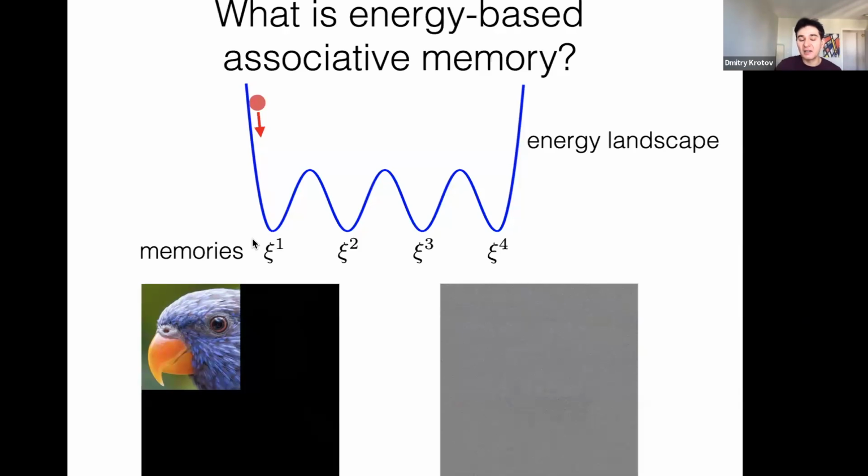The typical kind of problems that people use this network for solving are pattern completion and denoising. To illustrate what this means, imagine that my vectors are images.